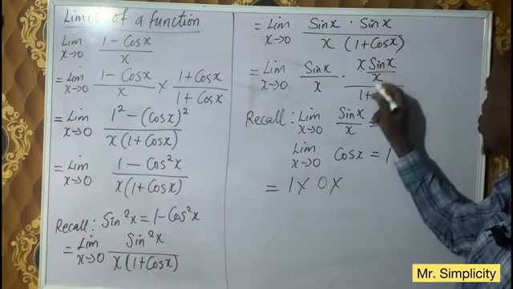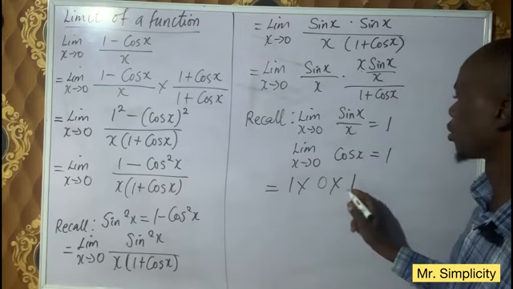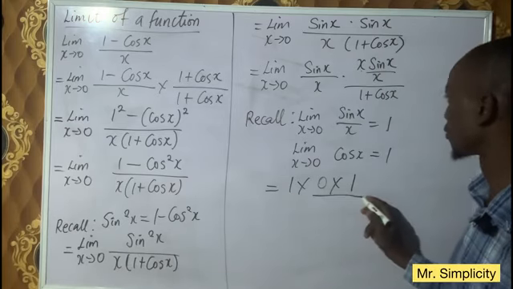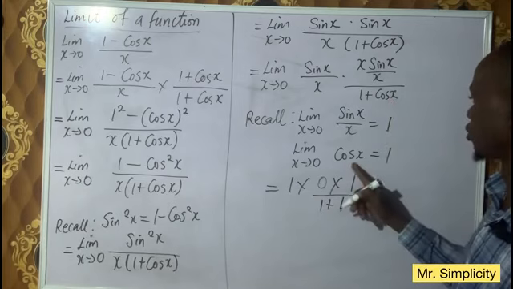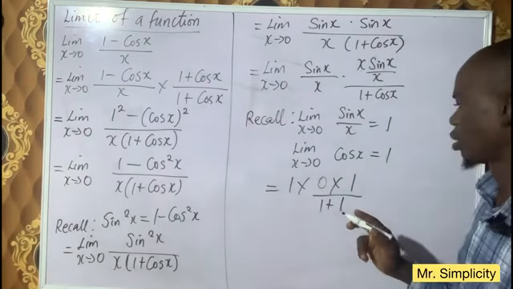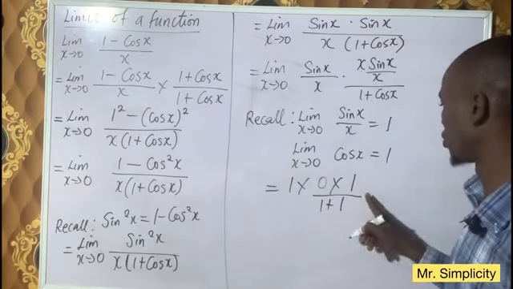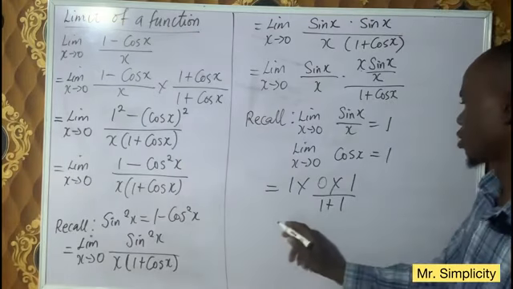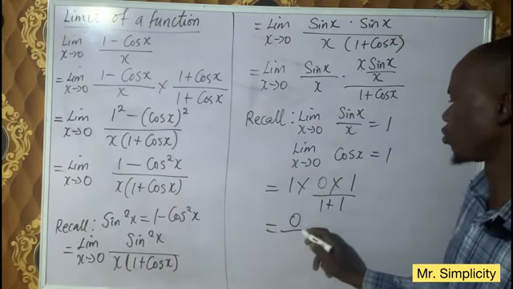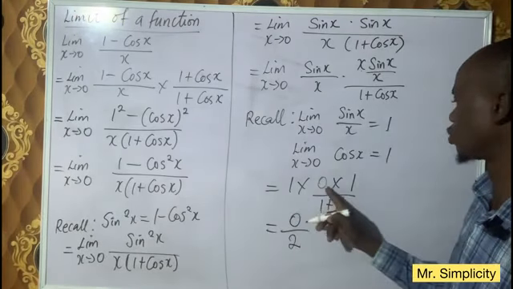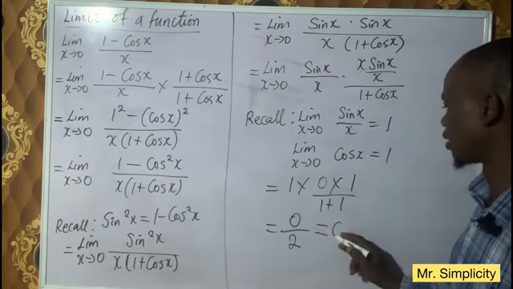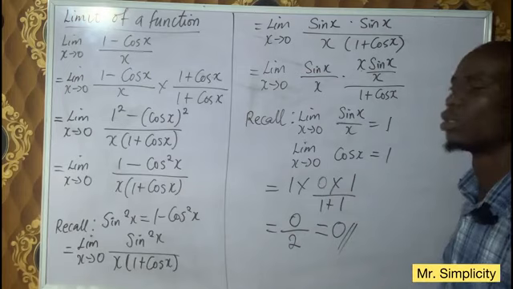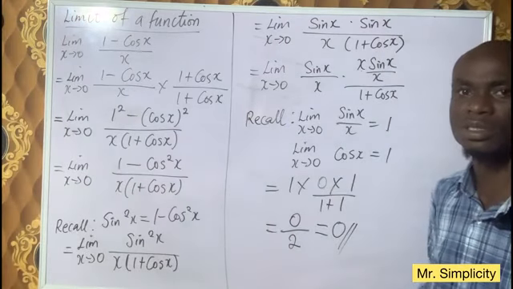Then the special limit is 1, all over 1 plus 1. So what is left now is 0 over 2, because 1 times 0 times 1 is 0, and 1 plus 1 is 2. And 0 divided by anything is 0. So this is the answer to this problem.